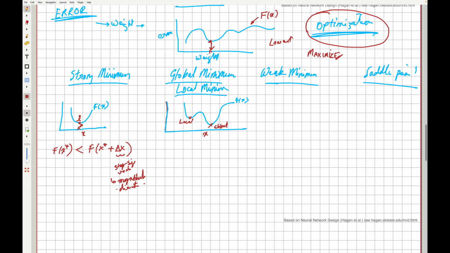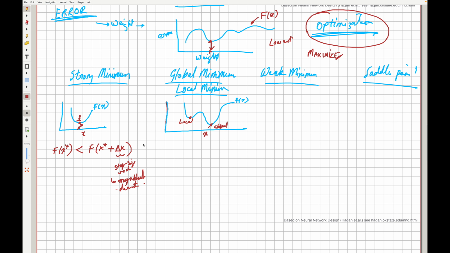a minima that exists in that f of x that is further lower down than the local minima that I am at. And so this is the local minima, and the global minima is such that if I were to find any other minima in the f of x surface anywhere, it won't be there because I'm already at the lowest possible point on that surface, and so that is the global minimum.